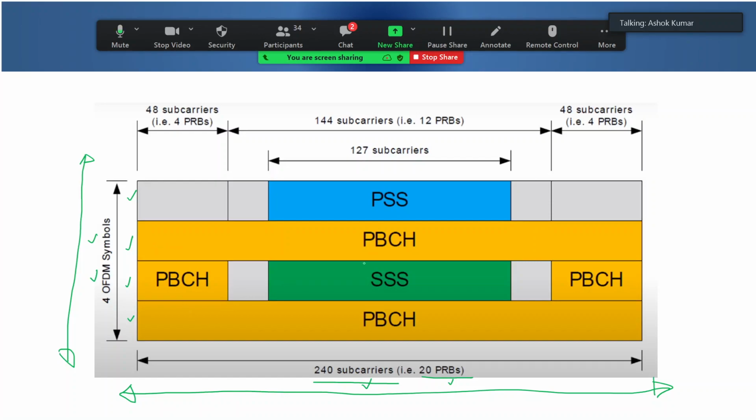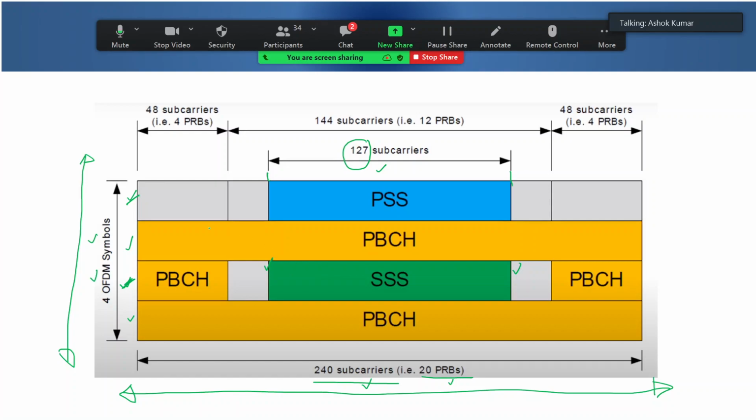Within this, your primary synchronization signal, PSS, is here. It is in 127 subcarriers out of the 240. The secondary synchronization signal is also in the same 127 subcarriers but in a different symbol.